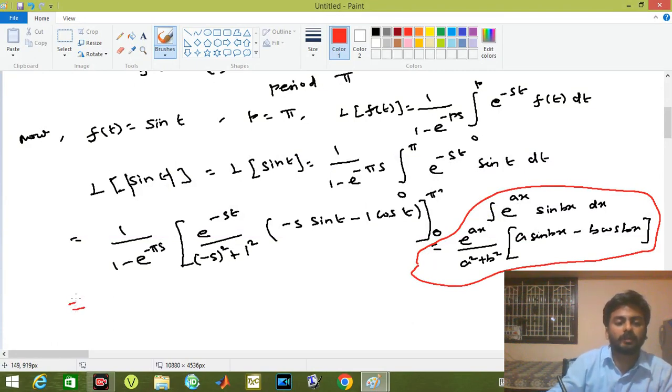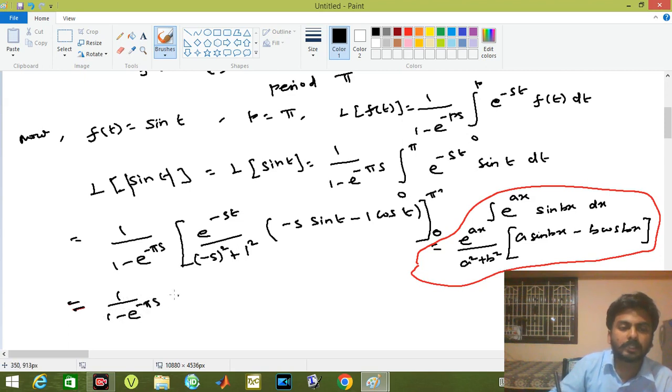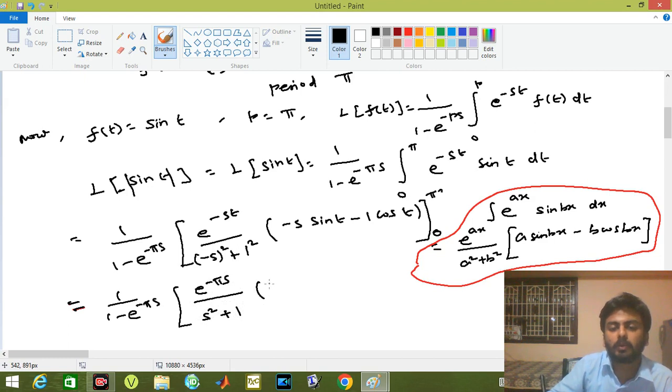So now take 1 by 1 minus e power of minus pi s into, if I substitute pi for t, I will have e power of minus pi s divided by s square plus 1 into minus s sin pi minus cos pi. This is the upper limit.